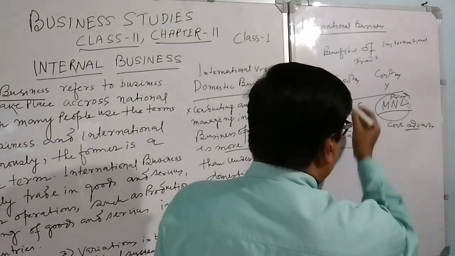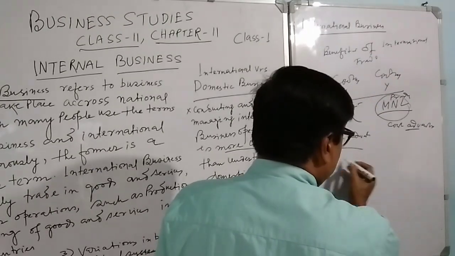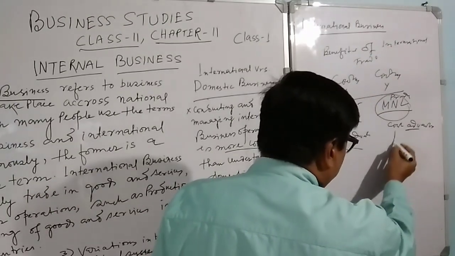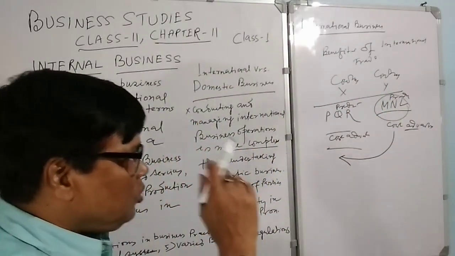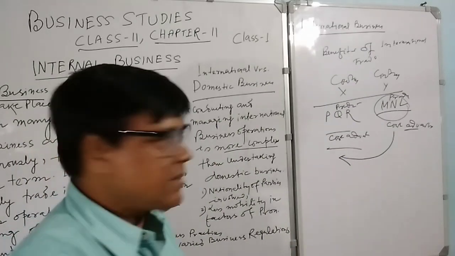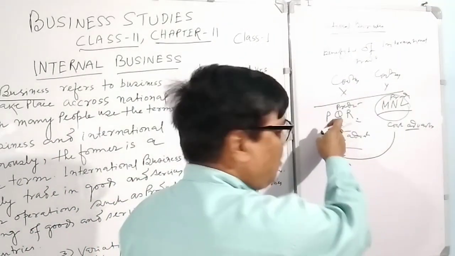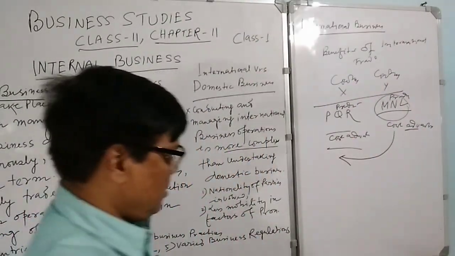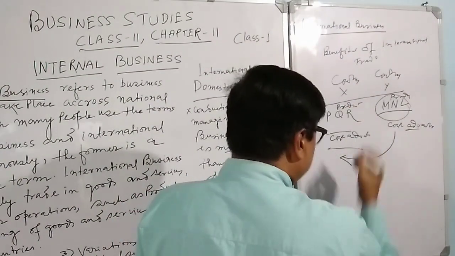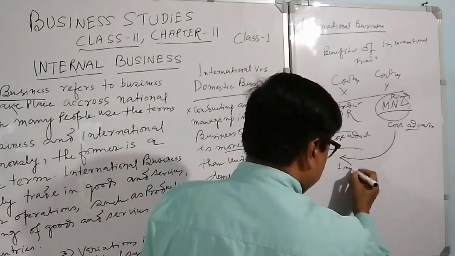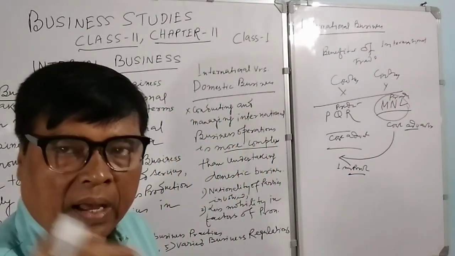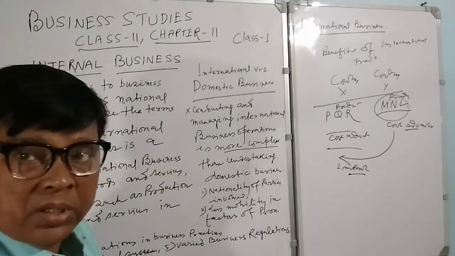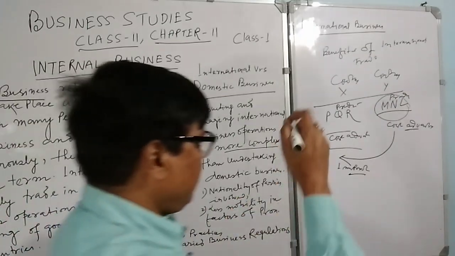That means country X will import those MNL products, for which country X is not in a cost advantageous position. Country X will import those products which are not least cost in their own state.